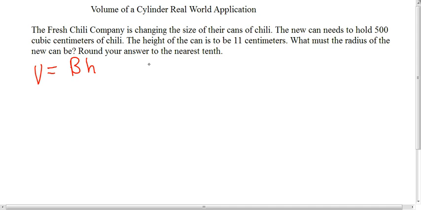Now in this case, we know that big B is going to equal the actual area of a circle, and that's going to be pi times radius squared.